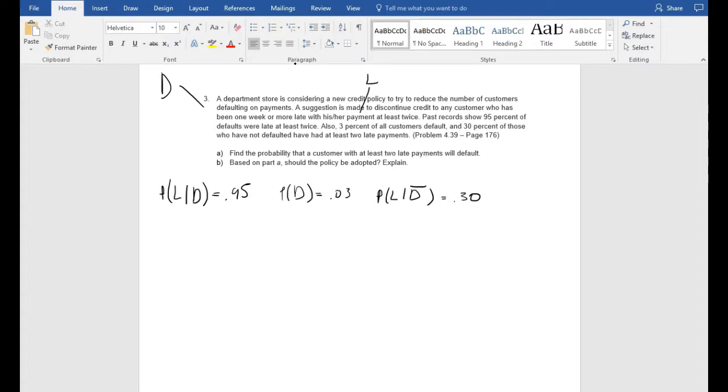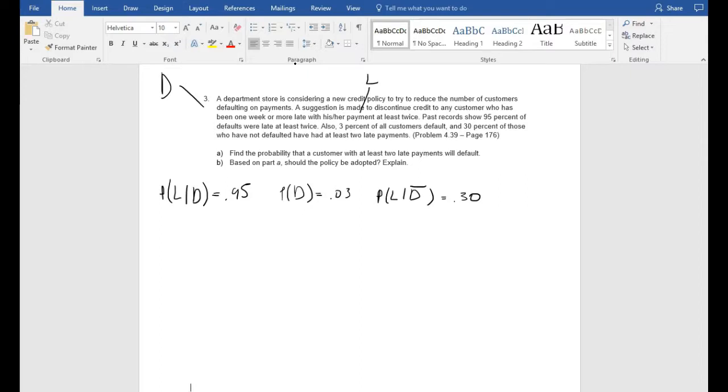So again, I'll first write down, just based upon what we have, what else we know. Given the complement rule, the total probability of any sample space is going to be 1.